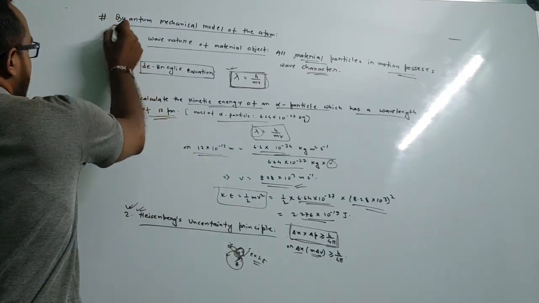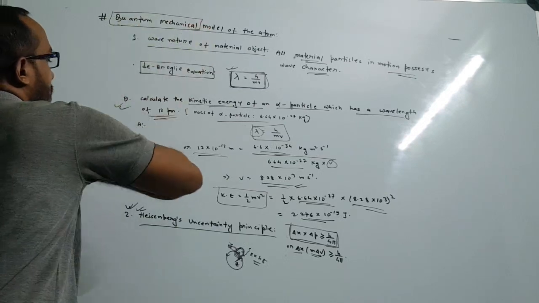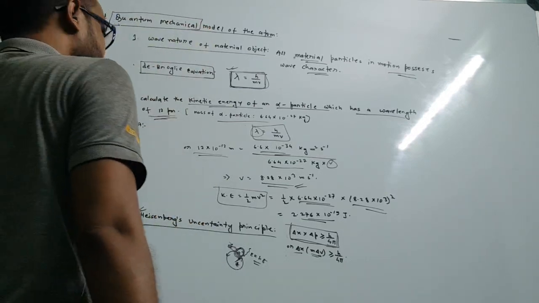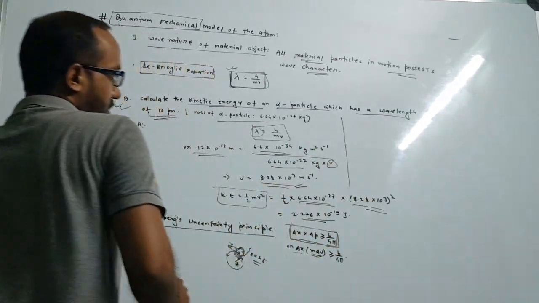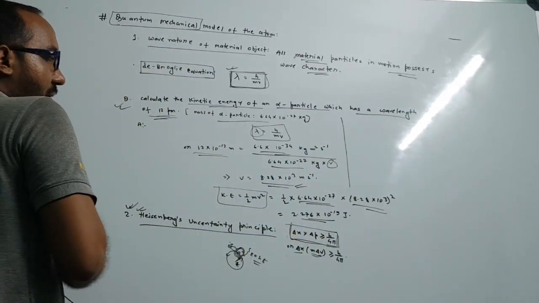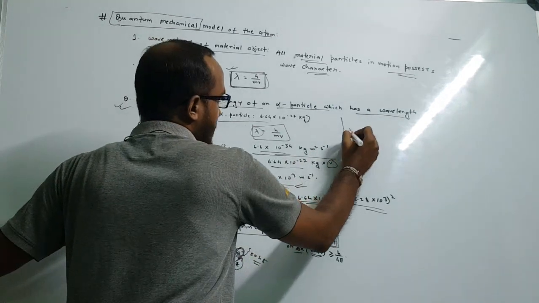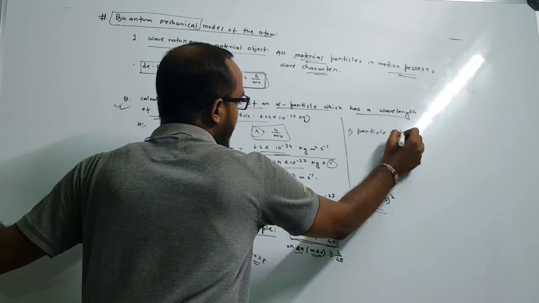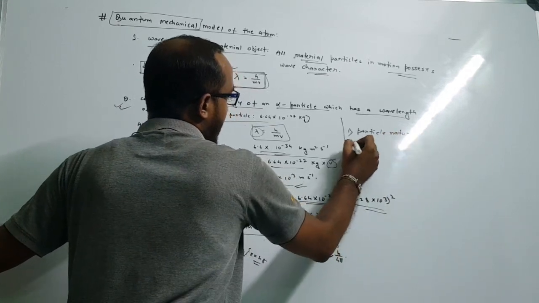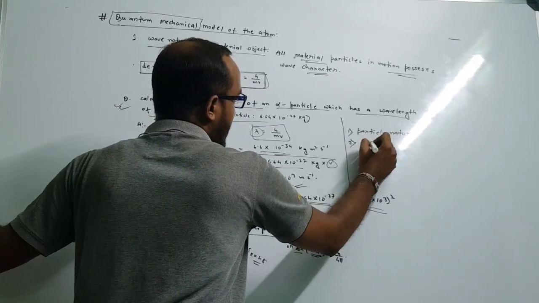That's why the term quantum mechanical model came, and from this we can say that the radiations emitted by hydrogen actually have two properties. One is particle nature, and number two is wave nature.